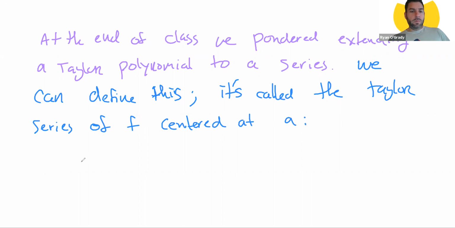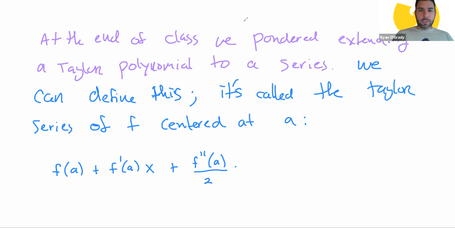So what is it? You'll remember it is f evaluated at a plus f prime evaluated at a times x plus the second derivative evaluated at a over 2 times, I guess we got to be a little more careful. I'm cheating.